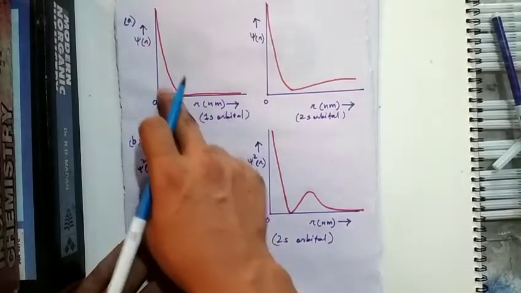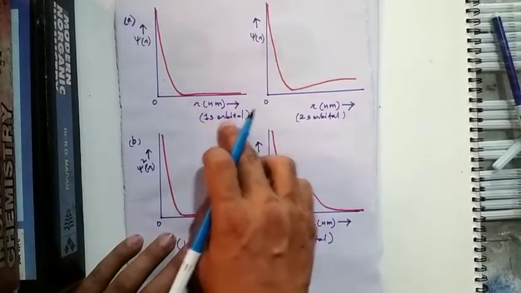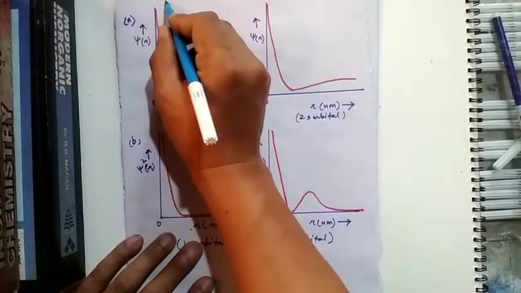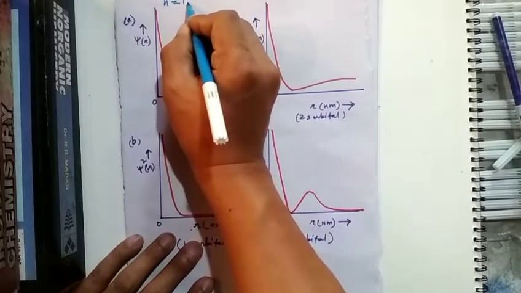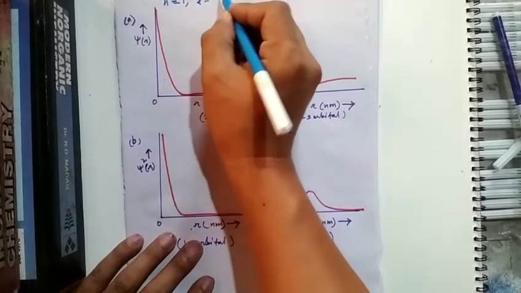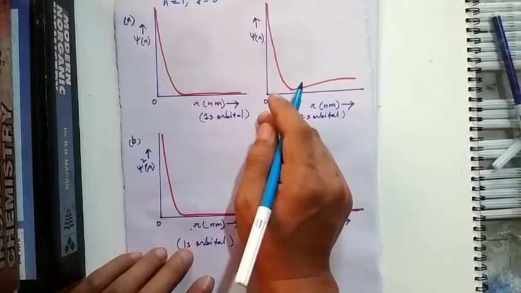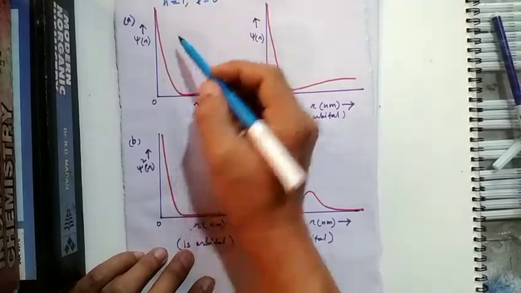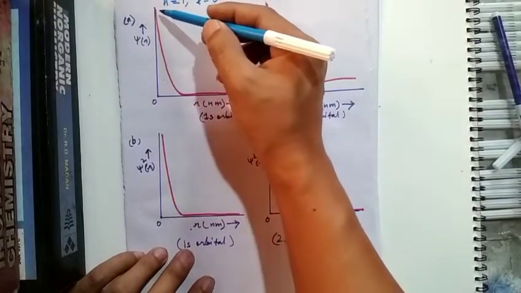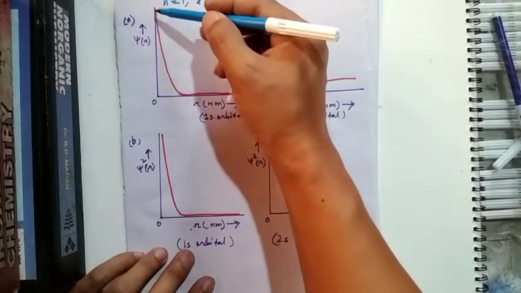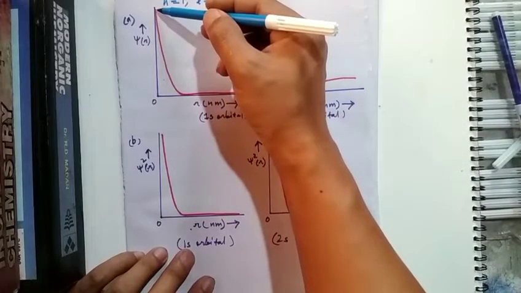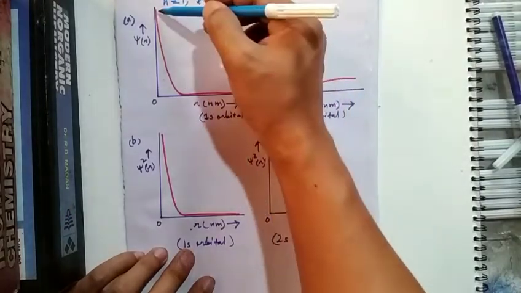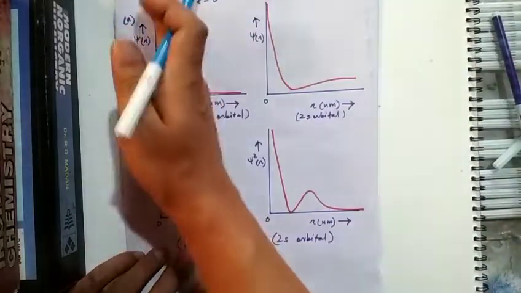The first graph is an example of a 1s orbital. The 1s orbital has principal quantum number n equal to 1, and l is equal to 0. As we have seen from this graph, these red lines move away in a curved shape.